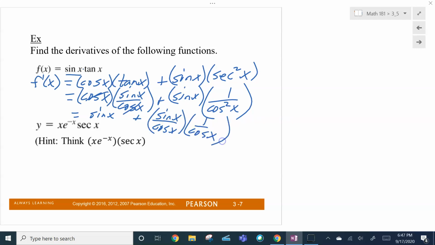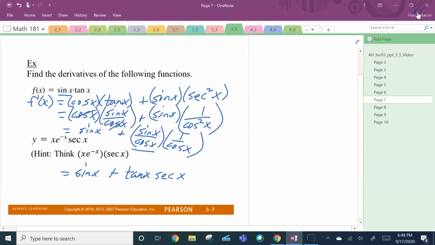Isn't this the same thing? So this becomes sine x plus, there's my tangent, and then 1 over cosine is my secant. So sine plus tangent times the secant, right? Or if you want to, you could also, let me do it another way here.